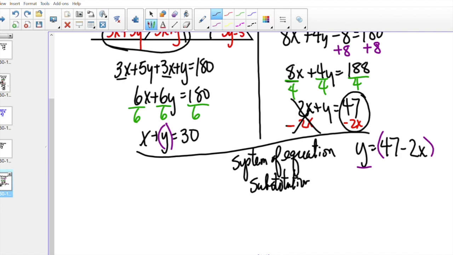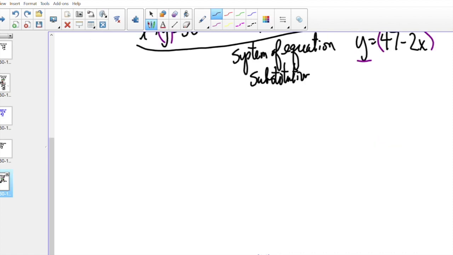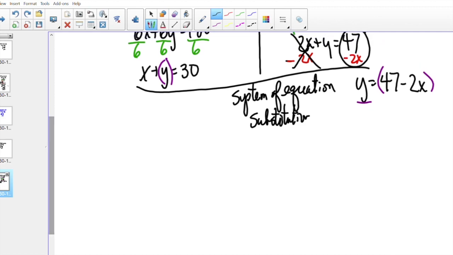Can you handle it? So it'll be x plus, now what are you going to put in that parentheses? Not y. You're going to put 47 minus 2x in there.